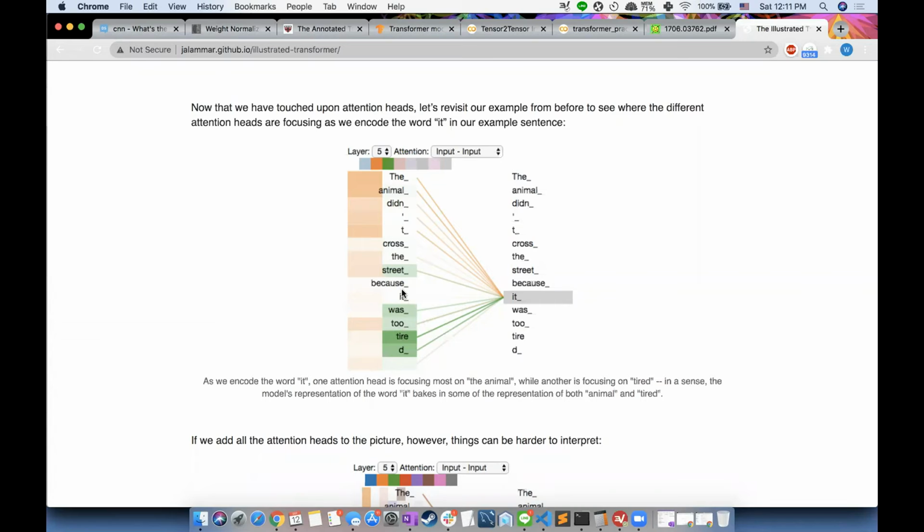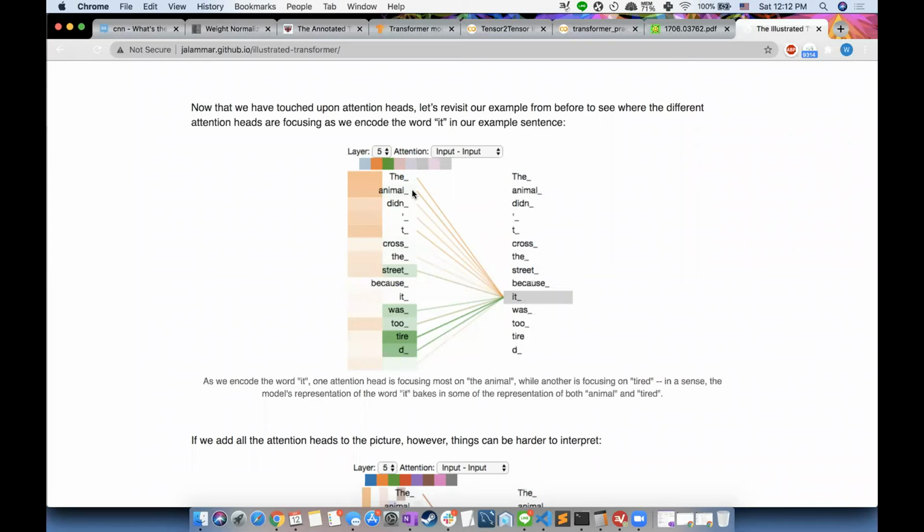So green is a head, this orange or brown color is a head, and look at this. This is focusing more on the animal, and this is focusing more on tired.